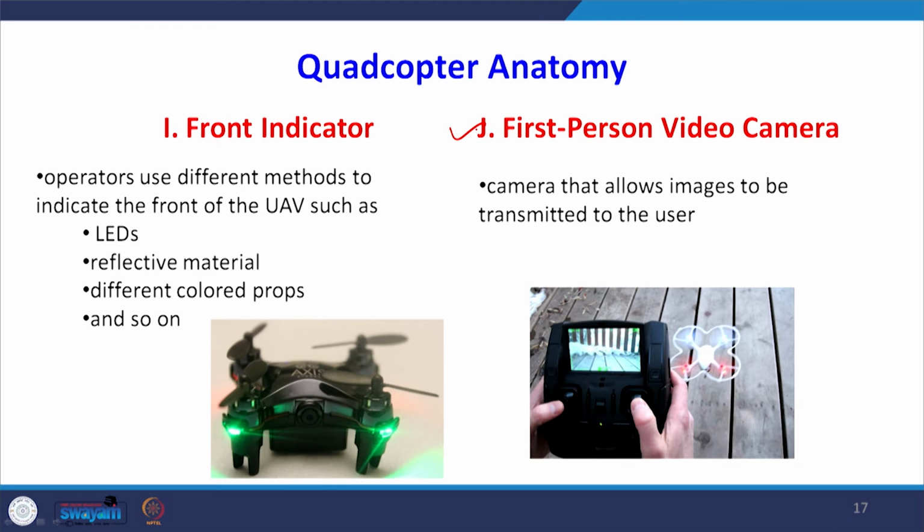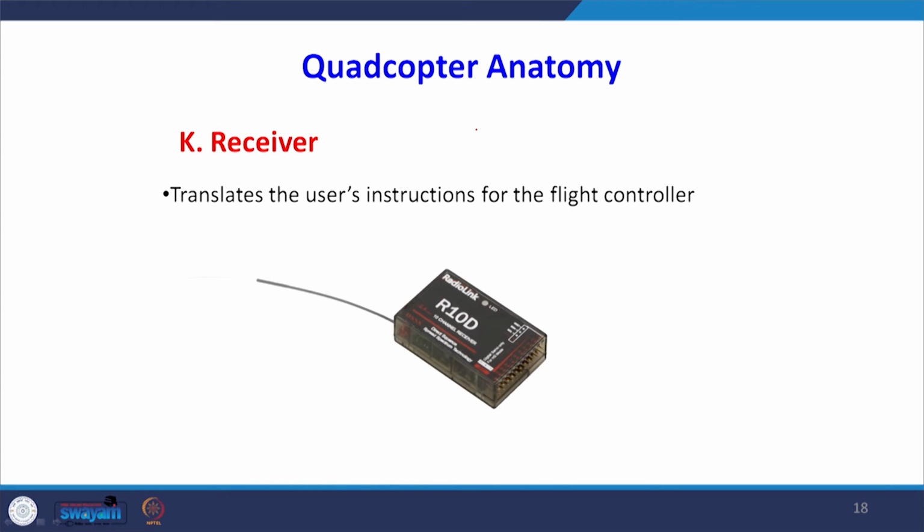So you can view the coverage right from the ground itself. That is why this is important, and this facility has to be procured while procuring the system.